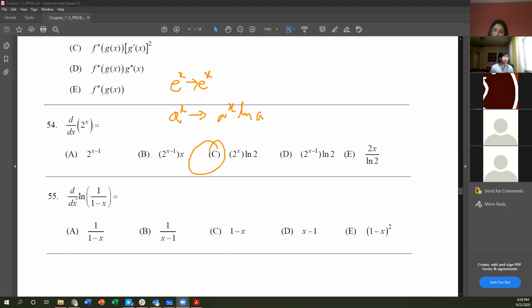All right, what about this one right here? Number 55. This one is another one you should be able to try and just think through in your mind. Does anyone want to try it?